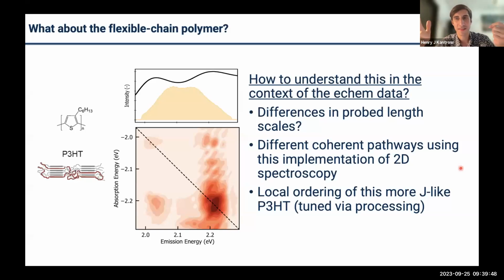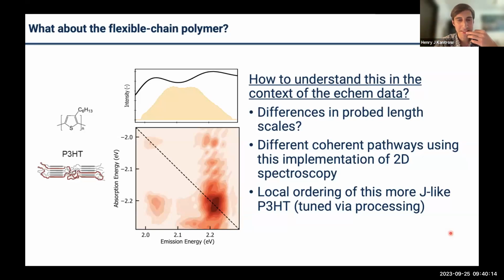So perhaps that is giving rise to some artifacts in the data that we see. And finally, this specific P3HT that we're looking at here is tuned to be somewhat more J-like in its aggregation. You can see a pretty strong 0-0 transition here. And whether this local ordering that we induce by processing it in this way is really changing this energy landscape as well.